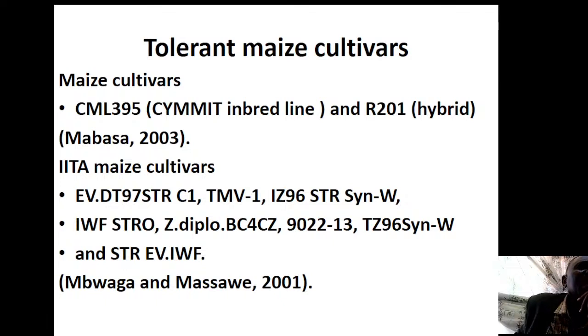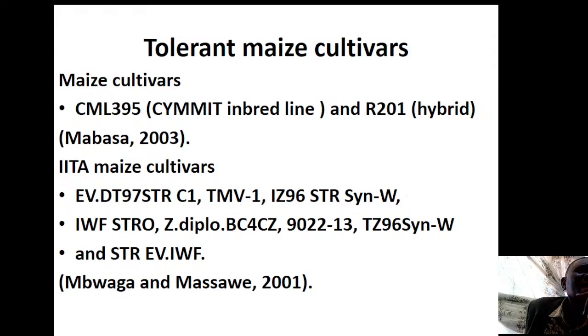It was one of the interesting questions which we tried to answer. And indeed, we found that R201 was attacked less by Striga asiatica, and it could do well in Striga endemic areas, in places like Chundura communal area, where we find a lot of Striga.